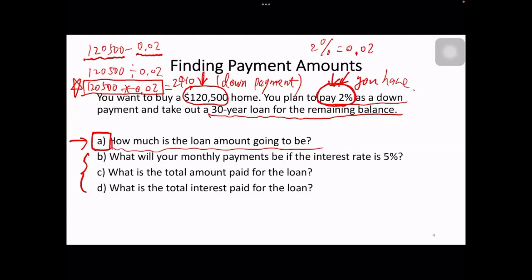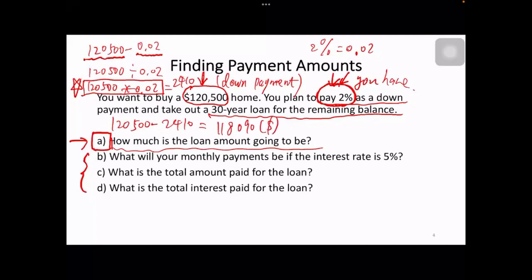And then the rest, the remaining balance, is the loan amount. So we need to use 120,500 subtract 2,410. That's how we get, let's see, 2,500 subtract 2,410, and then we got 118,090. Okay, this is the loan amount.